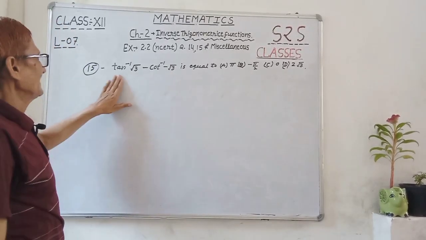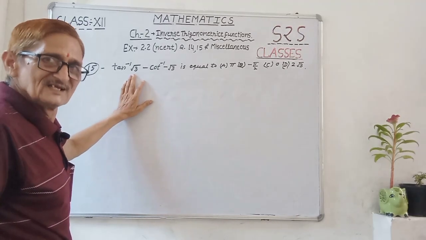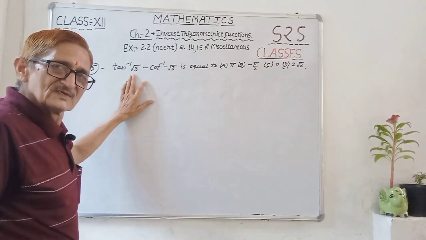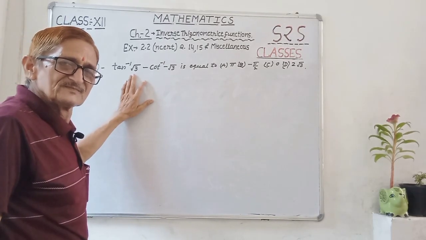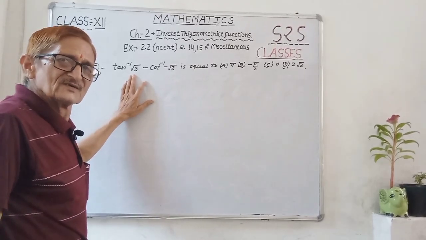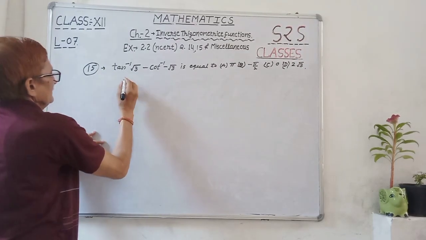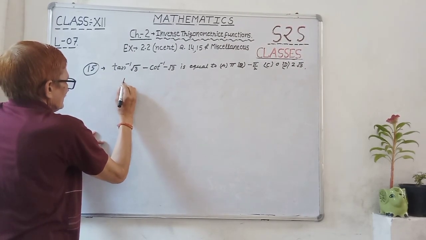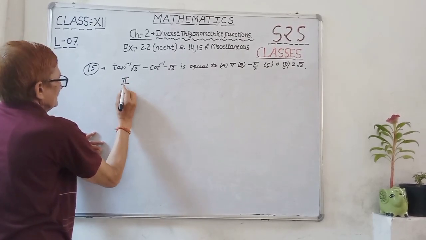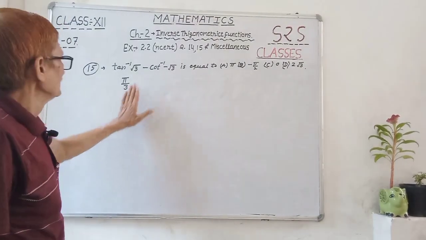Tan inverse root 3 means tan of how much degree is equal to root 3? 60 degree, tan 60 is root 3. Then 60 degrees means pi by 3.